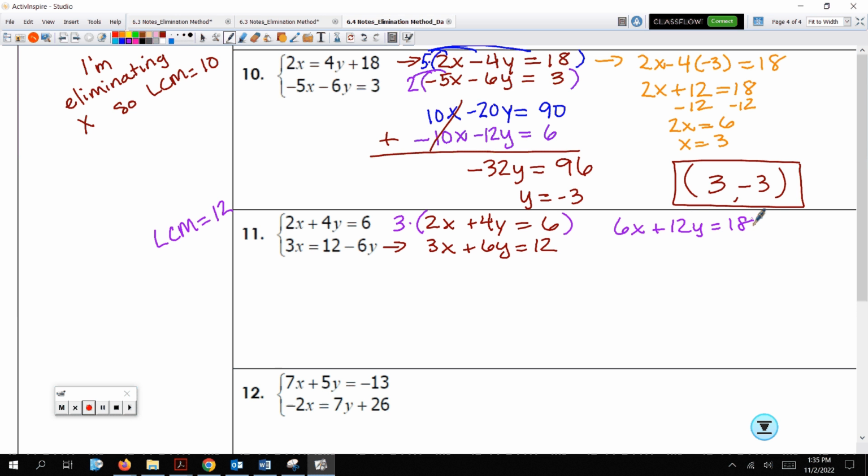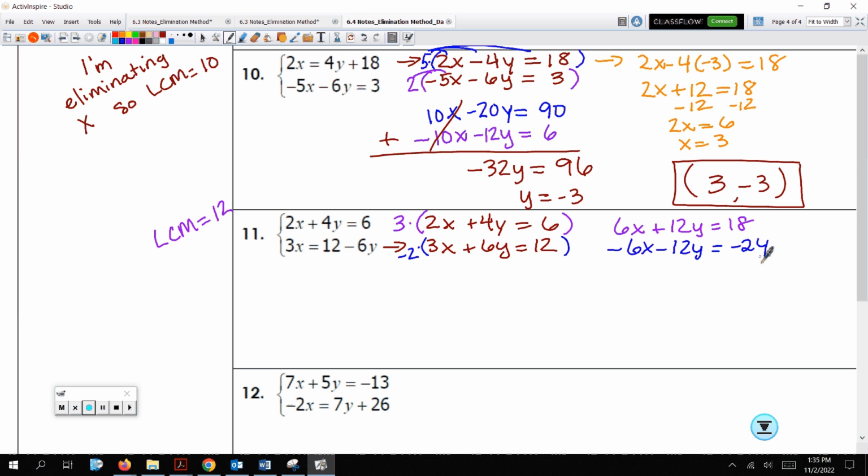Now we need opposite coefficients. Since the signs aren't opposite, I need to multiply this bottom equation by a negative number. I'm wanting to turn 6 into negative 12. I'm going to multiply by negative 2, giving me negative 6x minus 12y equals negative 24.